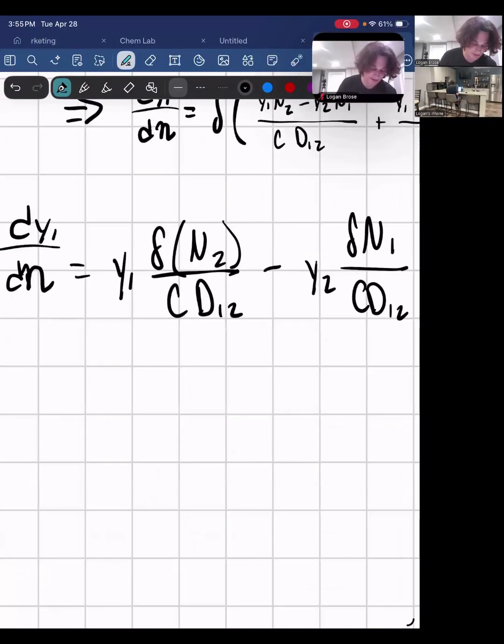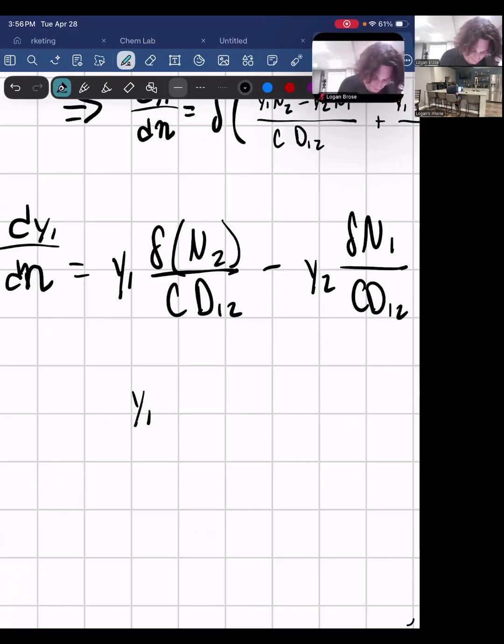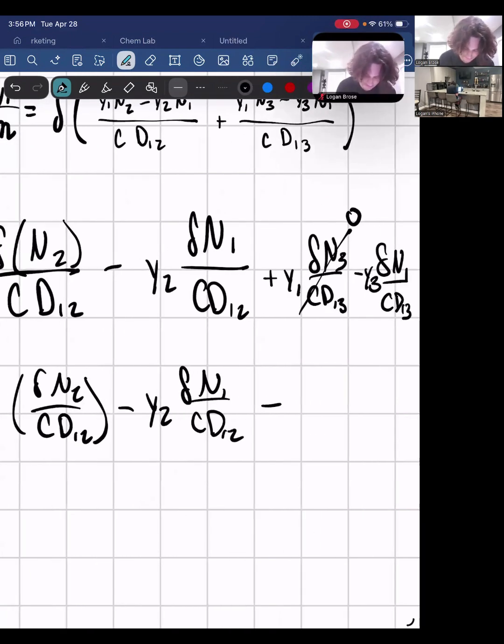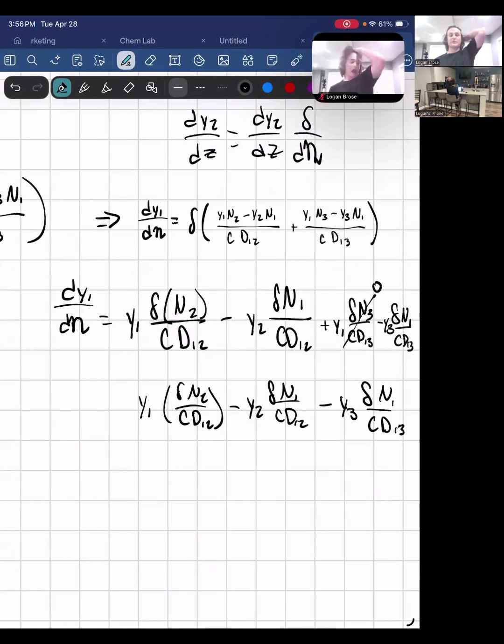And so we can simplify our equation down even further to y1 delta n2 cd12 minus y2 n1 cd12 minus y3 n1 cd13. And then this can be solved to get a value for N2, which will be how we are able to make an initial guess for when we were plugging this into Excel, which I'll do later in this video.